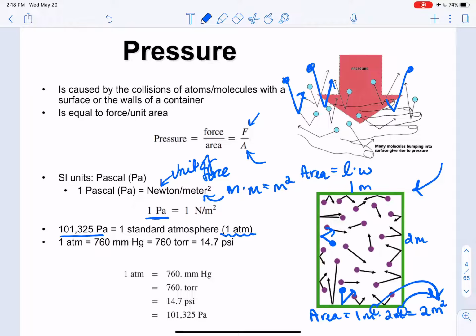So you guys will see ATM a lot in this chapter. And what an ATM is, is 760 millimeters of Hg. What's Hg? Does anyone remember? It's mercury. That's right. Of course. And millimeters of mercury are the same exact thing as torr. So 1 torr is 1 millimeter of mercury, and why that is, we'll get there in a little bit.